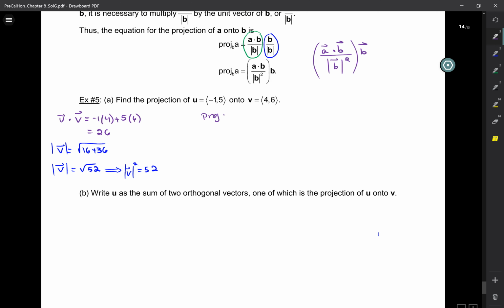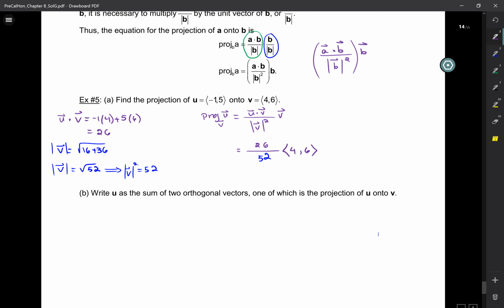Well, the formula doesn't call for it. So the projection of U onto V is U dot V over the magnitude of V squared, times vector V. Okay? So, what's U dot V? 26. Over the magnitude of V squared, which is 52, times, what's the vector V?